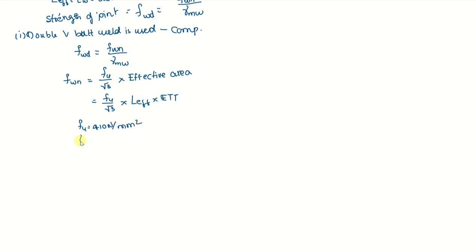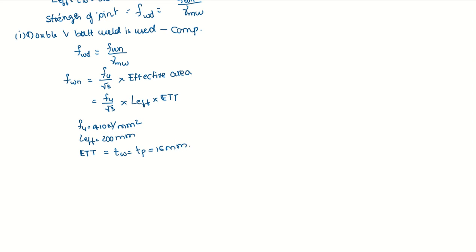So Fu is 410 N/mm². The effective length was given in the question itself, 200 mm, and the effective throat thickness we have to find out. The effective throat thickness is the thickness of the weld itself, equal to the thickness of the thinner plate, that is 16 mm, as given in the question.